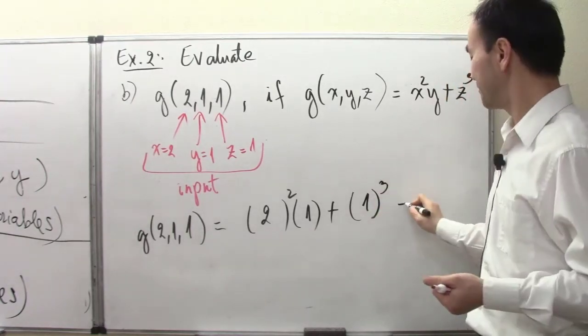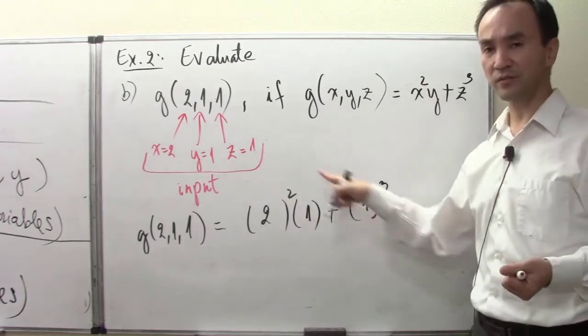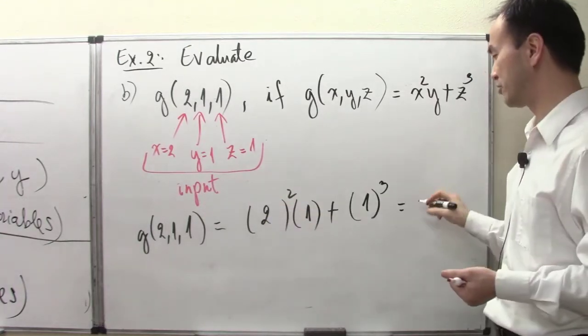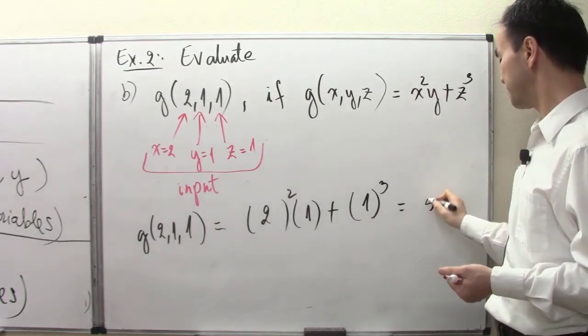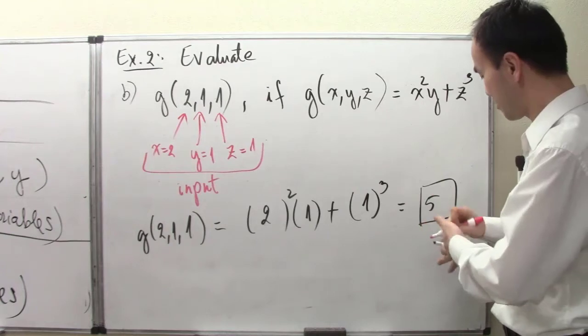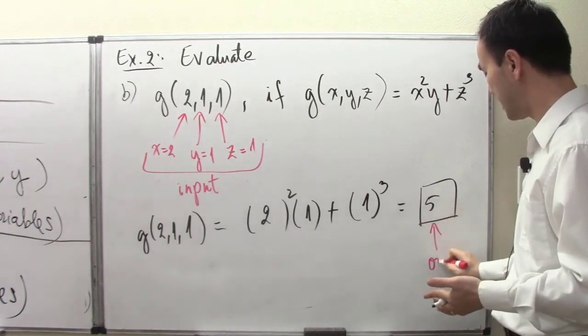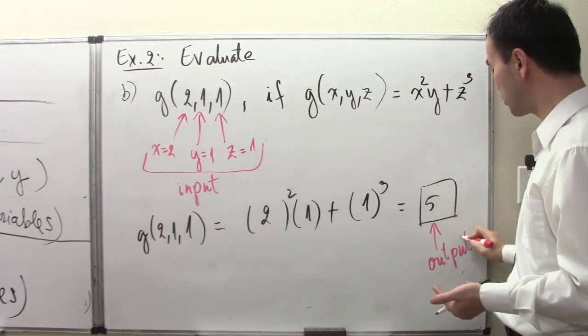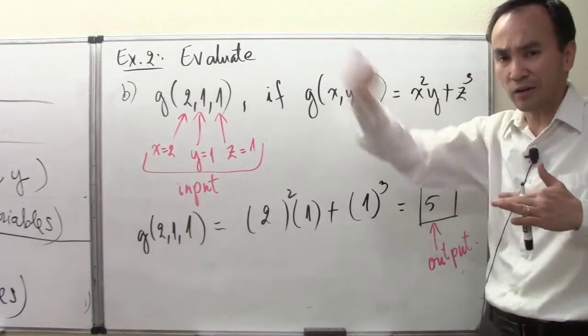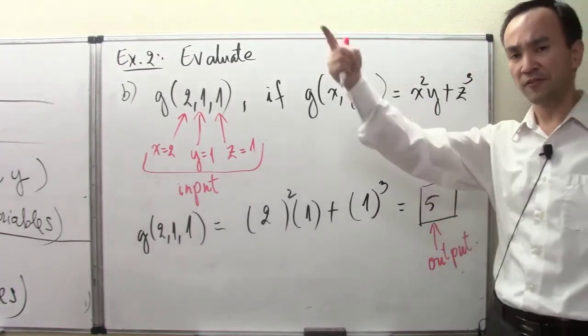The final answer is just a very simple calculation, and it comes out to be 5. That's the output.